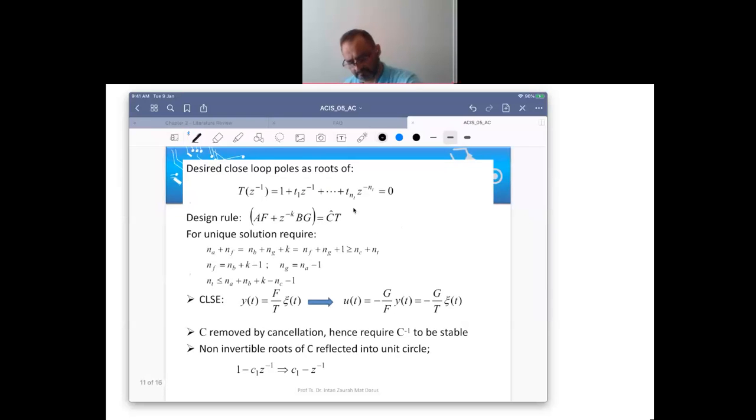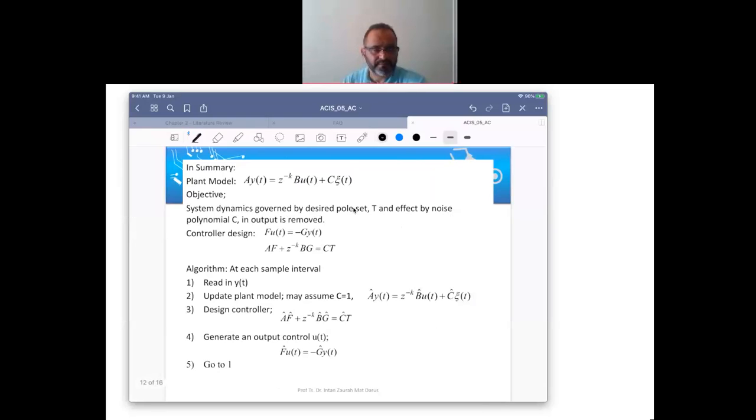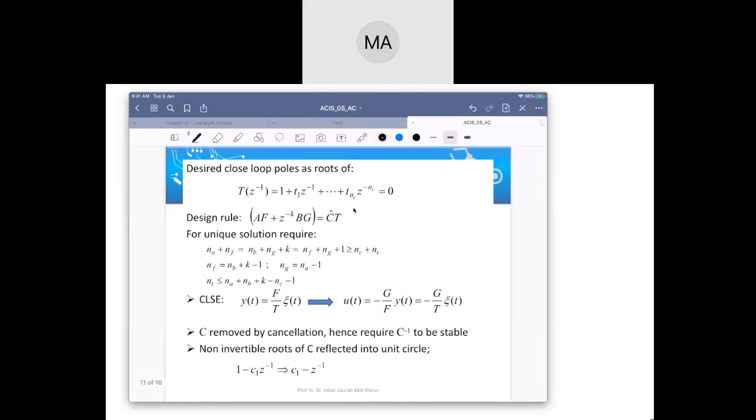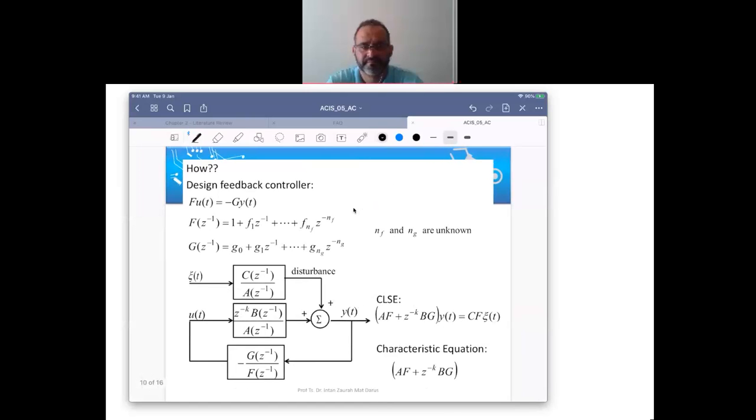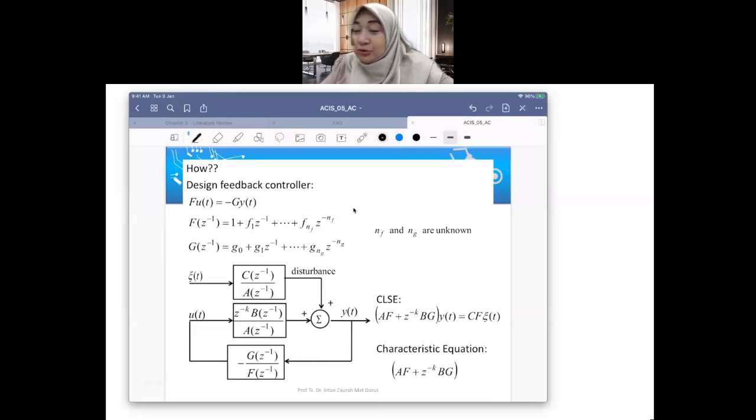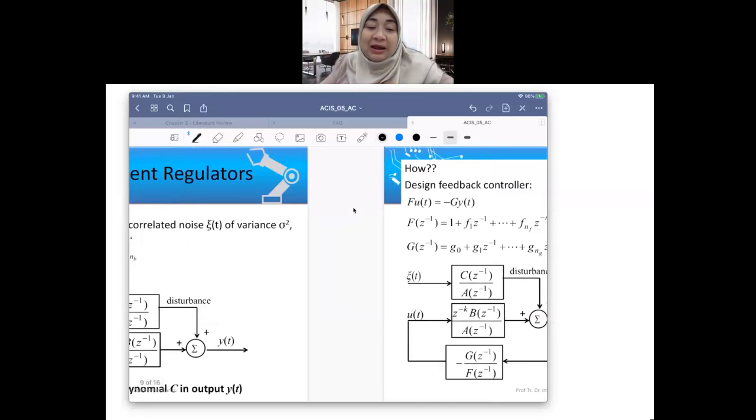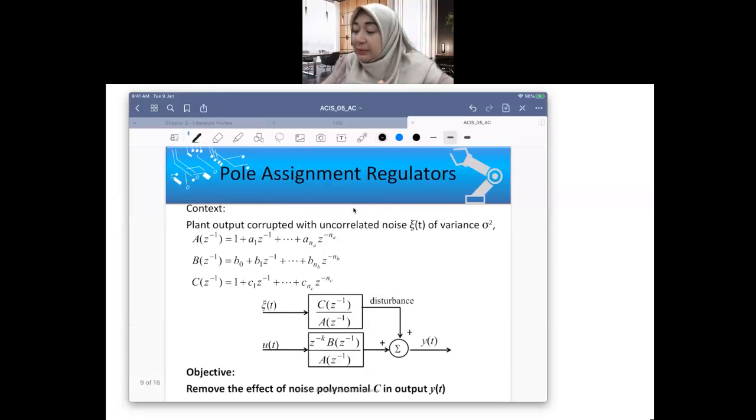Any questions so far? Okay. So far, so good. Can you go through this equation and have a look at the design rules, because there's another part there. But now at least you know what it means by characteristic equation, what it means by stable system and unstable system, what it means by error of the system, and how to check the system error.